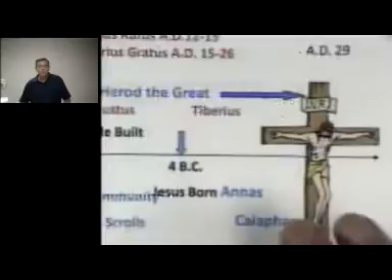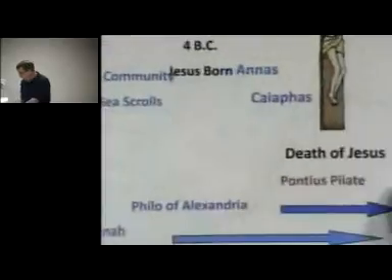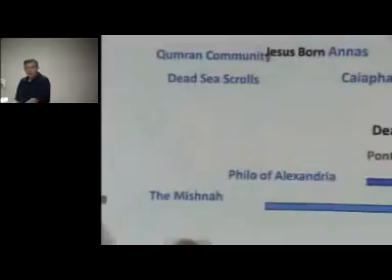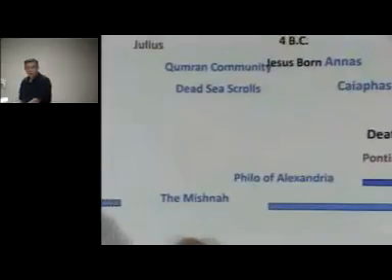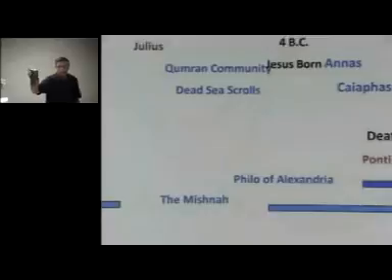Now, also Jewish sources. There are a couple of other Jewish sources at the bottom of this chart. I'm going to widen out just a little bit here. You see where it says the Mishnah down here? The Mishnah is this fat little book right here. This is the sayings of the Pharisees, the sayings of the Jewish rabbis from 200 BC to 200 AD, which covers the lifetime of Jesus.